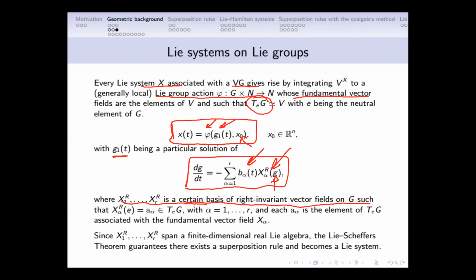And so as long as these right invariant vector fields close a finite dimensional Lie algebra, you can solve the equation for a particular G and insert it in the action, and you will also get a general solution. So it depends on what you prefer from the Lie algebra point of view or from the Lie group point of view to use these systems.